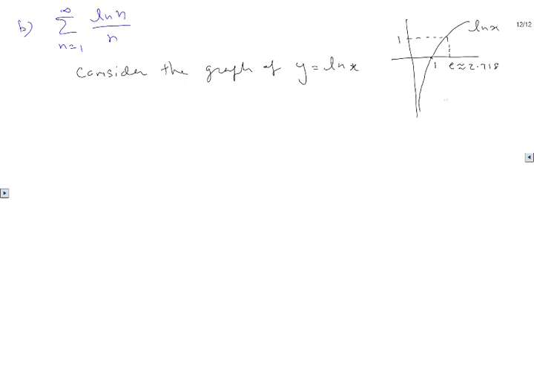So at e we know that ln e equals 1, so we can say that ln x is greater than 1 if x is greater than e.